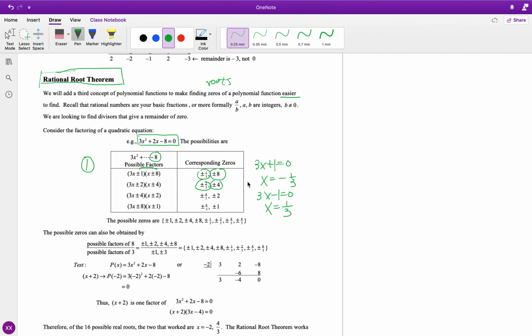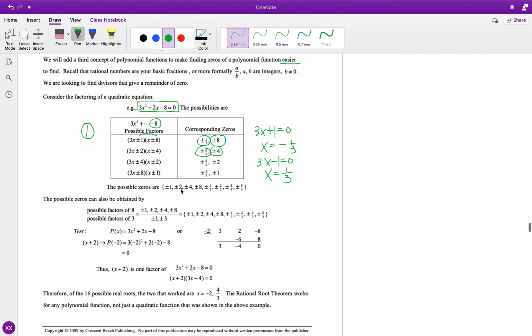However, another way to look at it, you don't have to write it out like this. It's fine. As a matter of fact, it is really the possible factors of 8.